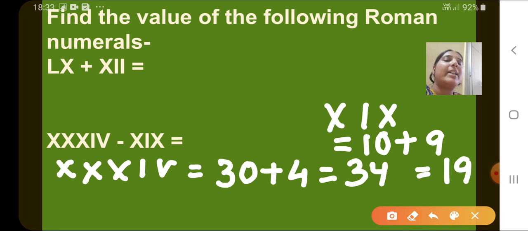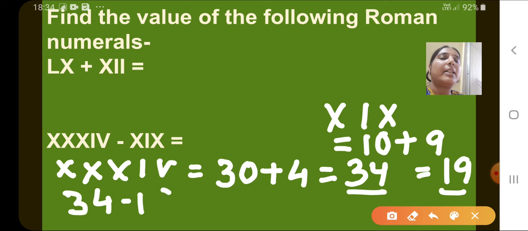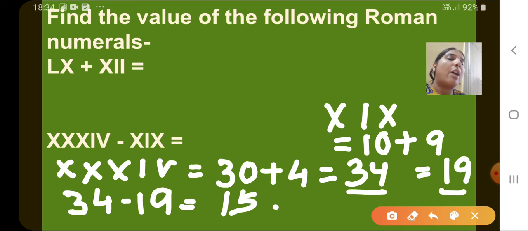Now you have to find the difference. So this first number, the minuend, then what we converted, that Roman numeral, we got 34 here and the subtrahend we got here 19. So let's subtract now. So 34 minus 19, what you will get? Can you tell me? So 34 minus 19, what we will get here? 15. So now you have to convert this 15 to Roman numeral.